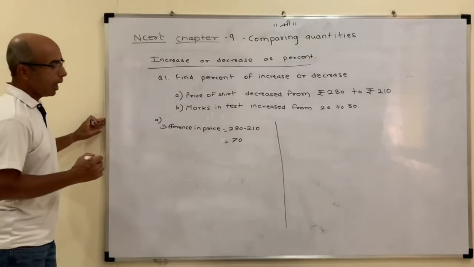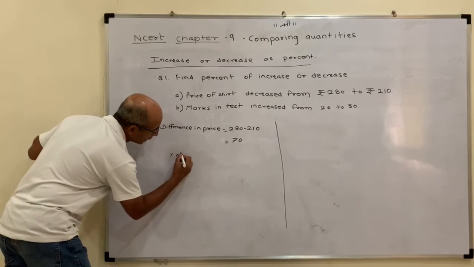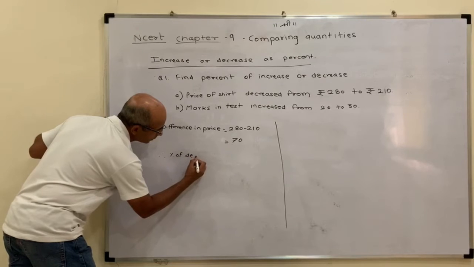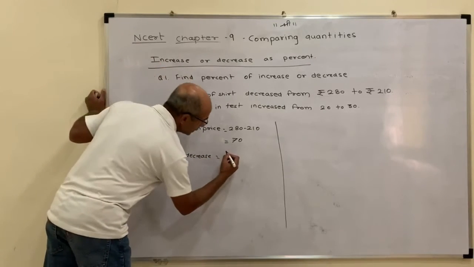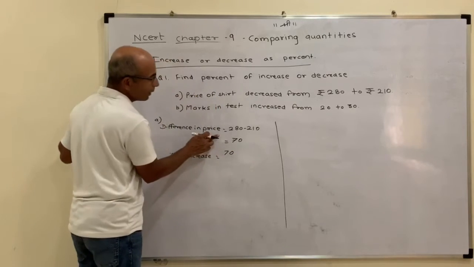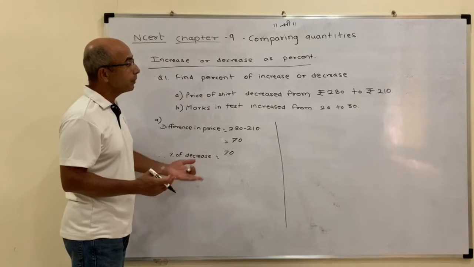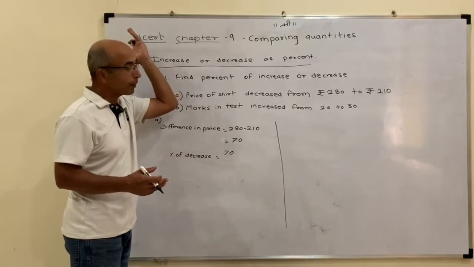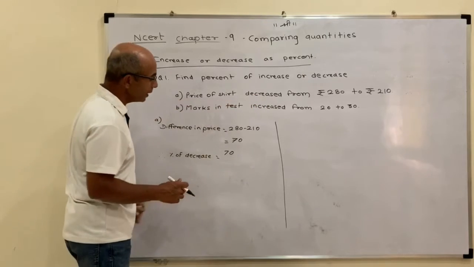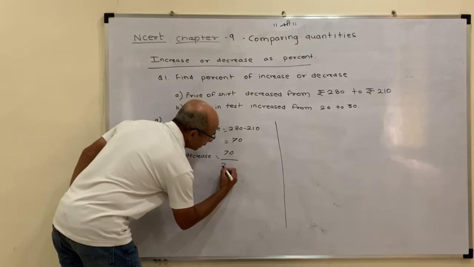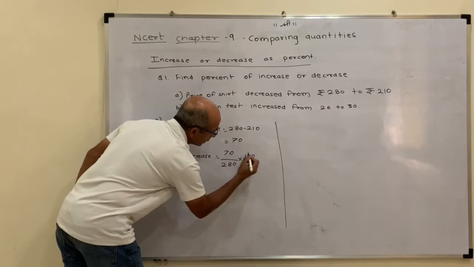Now the percent of decrease equals 70. How much is the difference? 70. On what do we want to find the percent? The percent on the previous price, not the price which is right now. Okay. So the previous price was 280, into 100.